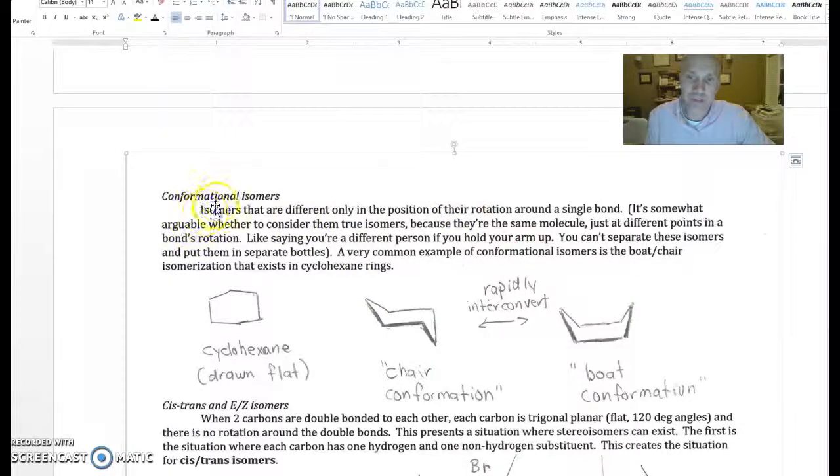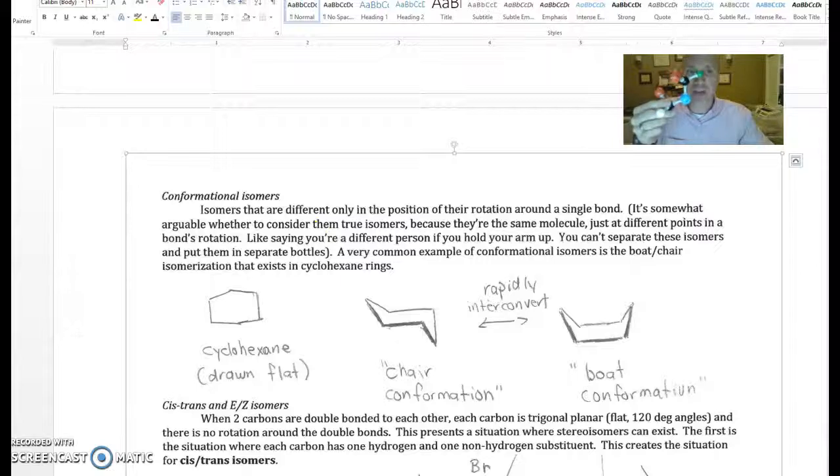Okay, so the next type of isomer I'd like to talk about is what's called a conformational isomer. And this is arguably not like the other isomers in that conformational isomers are the exact same compound. The only thing that makes them isomers is that they have a little bit of a difference in the rotation of one of their bond positions.